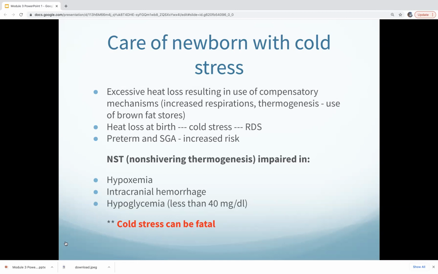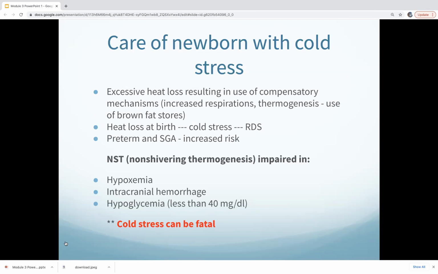So the babies have this non-shivering thermogenesis, which is utilizing that brown fat, but it's going to burn calories. And when it burns calories, the breathing is going to increase, or it's going to lead to hypoxemia. The baby's not getting enough oxygen. It can also impair and cause intracranial hemorrhage and hypoglycemia.